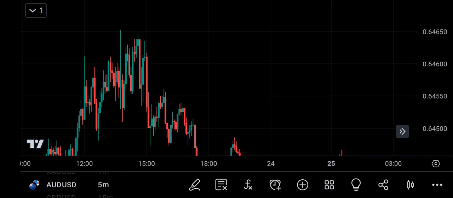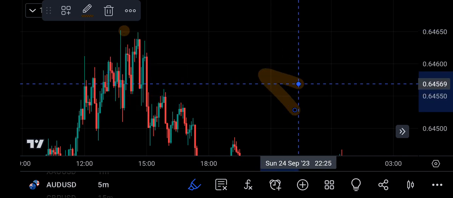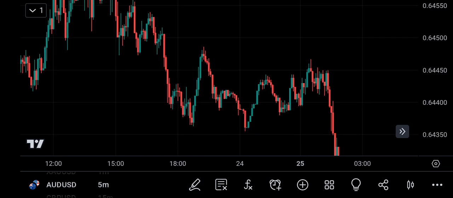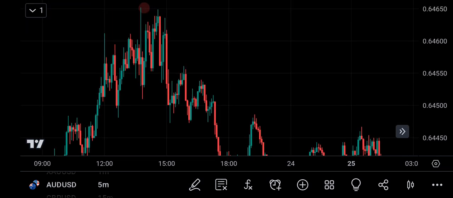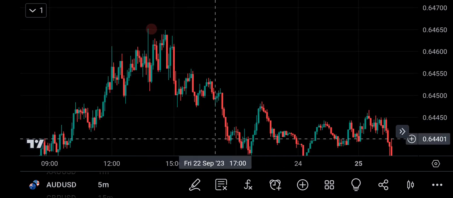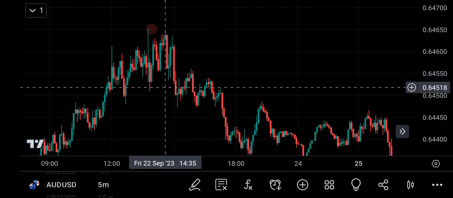This is our high. Yes, that is our high. Now we have this low, another low here, and another low here. So these are pullbacks actually.